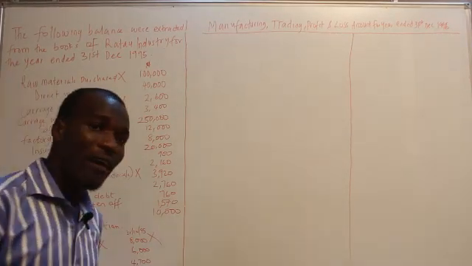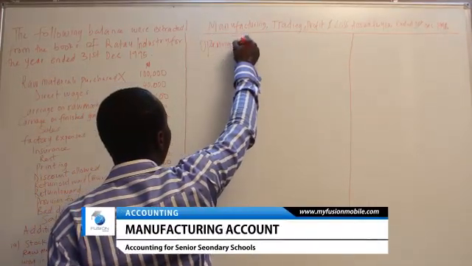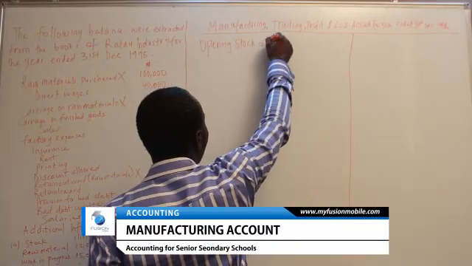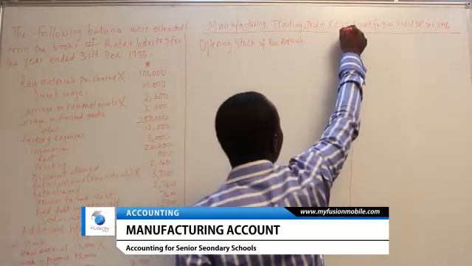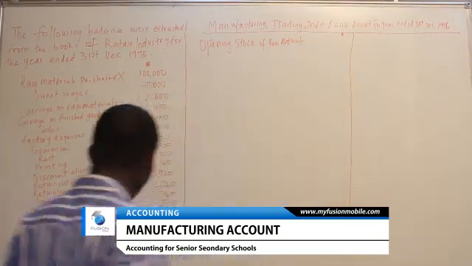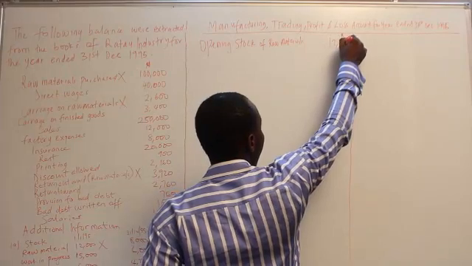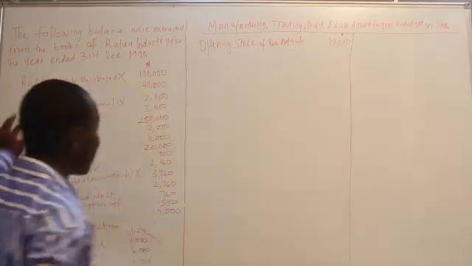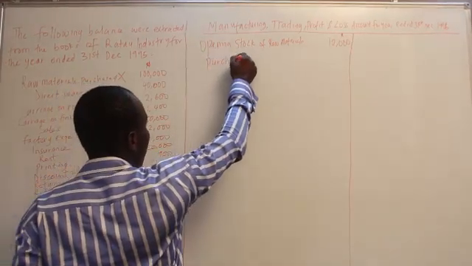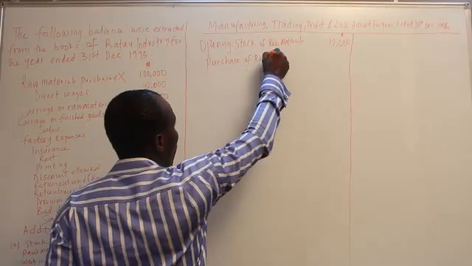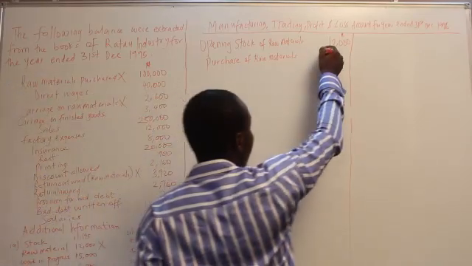Okay, let's calculate our direct materials. First thing, opening stock of raw material, which is 12,000 naira. The next thing is to add the purchase of raw material, which is 100,000 naira.